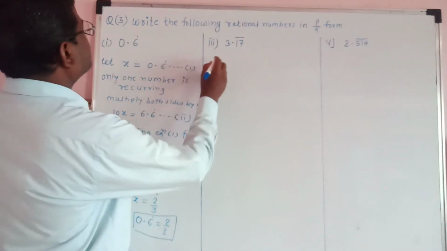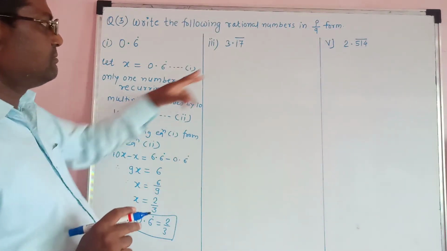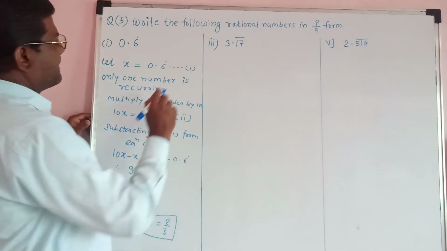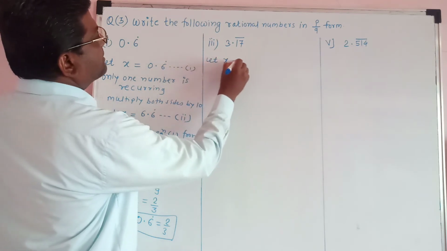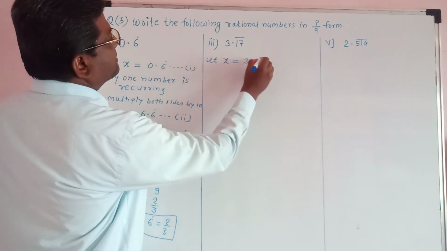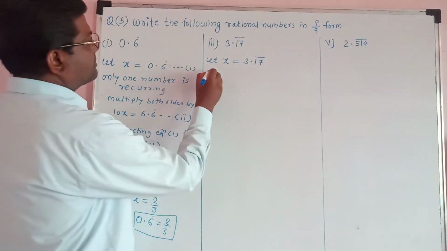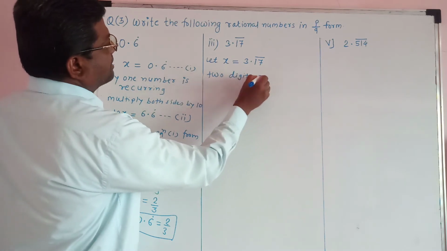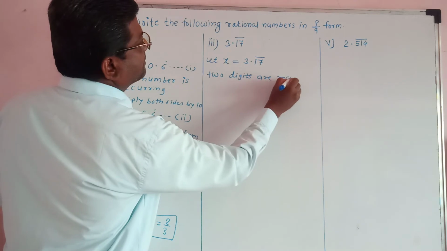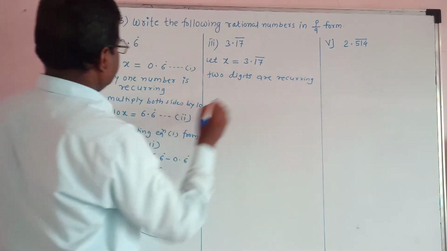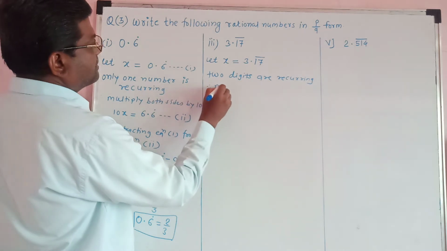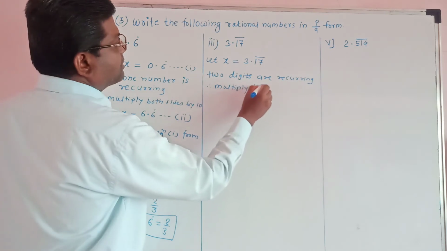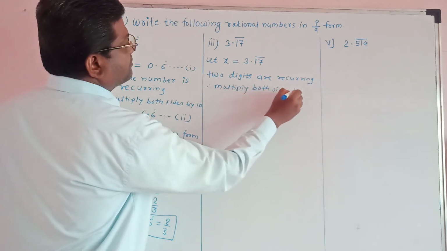Now example number 2. Here two digits are recurring. Now let x is equal to 3.17 bar. Two digits are recurring. Therefore, multiply both sides by 100.